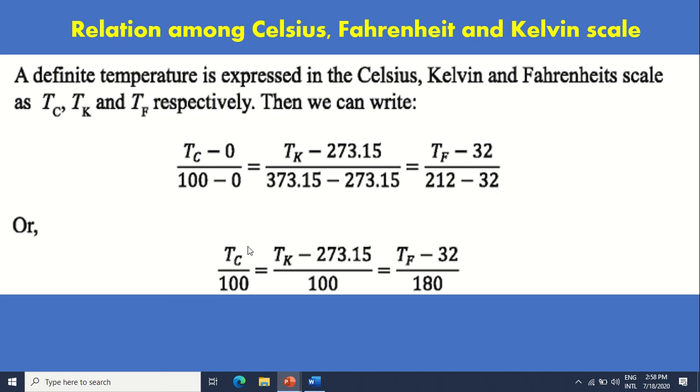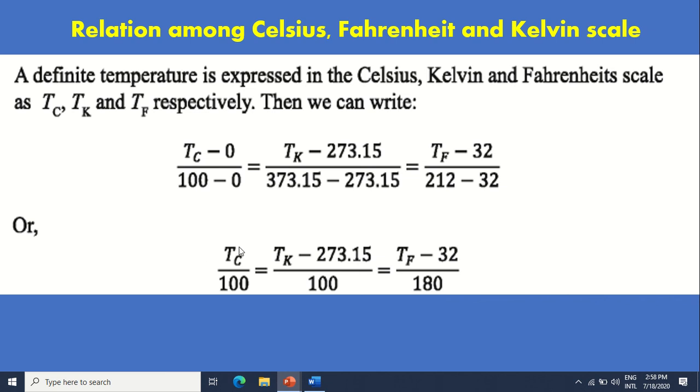So finally we got this equation: Tc by 100 equals Tk minus 273.15 by 100 equals Tf minus 32 by 180. And you can also reduce it more by dividing the denominators by 20.